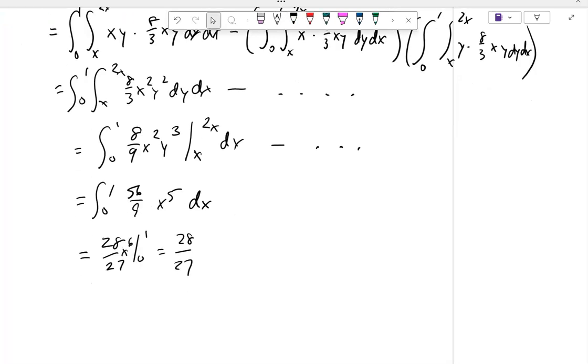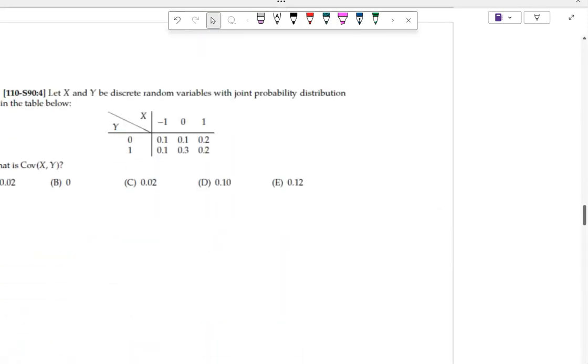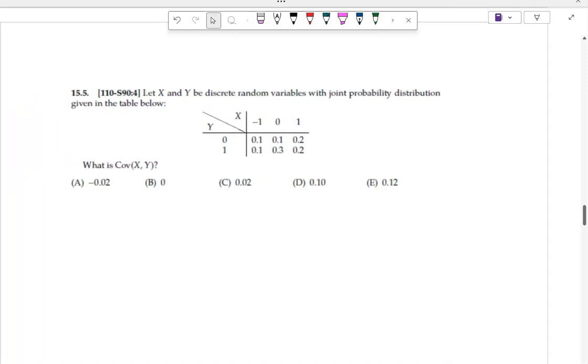Let's do another. Let's do one from a discrete case. I gotta have something in here that's discrete. There we go. All right, so we've got two random variables given with a joint probability distribution.